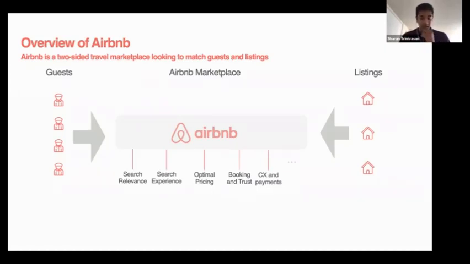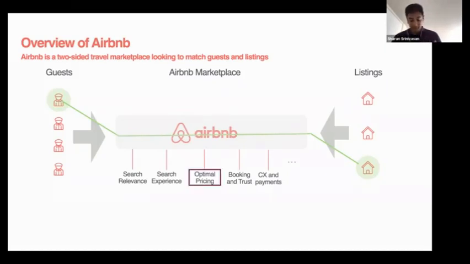The larger goal here is to try and find for that guest an optimal listing, and optimality comes in several flavors. Can we rank optimally? Can we price optimally, etc.? So today I will be focusing on the pricing aspect. And the reason why this is interesting is because as with most machine learning problems, there's no one clear answer. Every guest on the platform is always looking to find the best listing at the cheapest price.